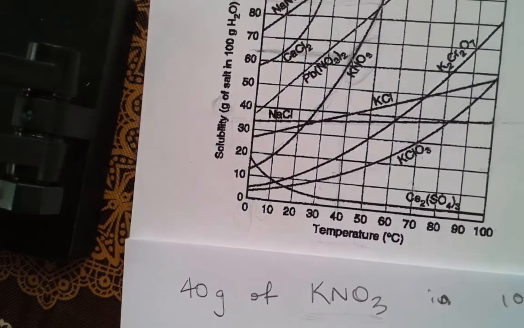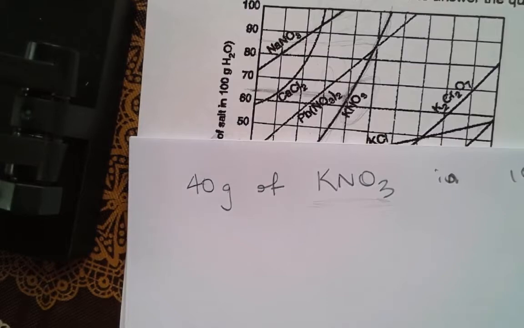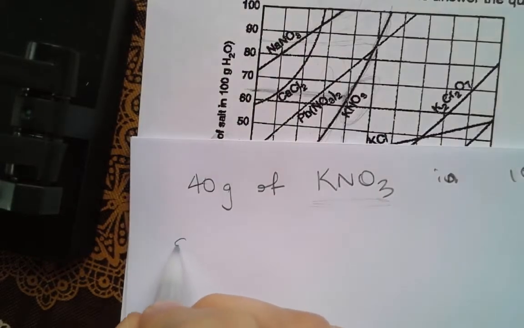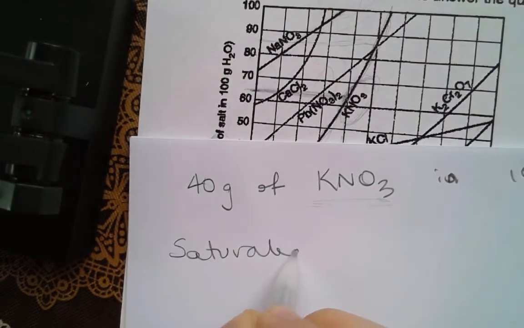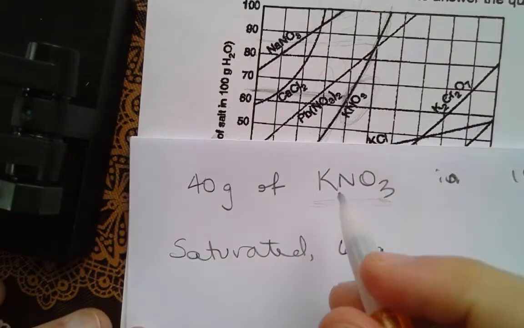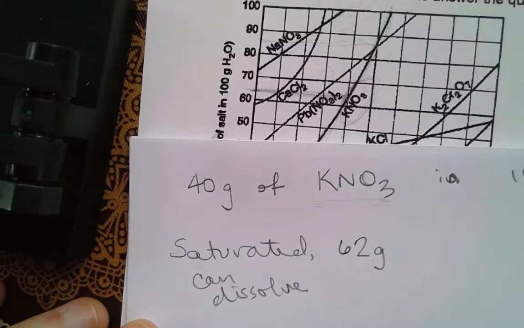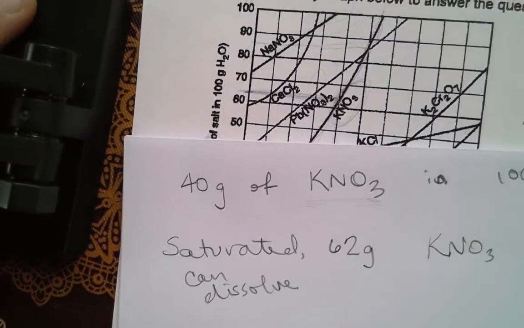Gotcha. Alright. So we figured out when it's saturated, we took that line over to the side. When it's saturated, we can dissolve 60, 62, 64, whatever you read is just fine. The graph is kind of blurry. So you can dissolve 62 grams of KNO3 at 40 degrees Celsius.